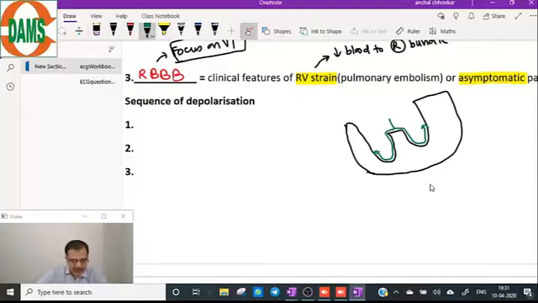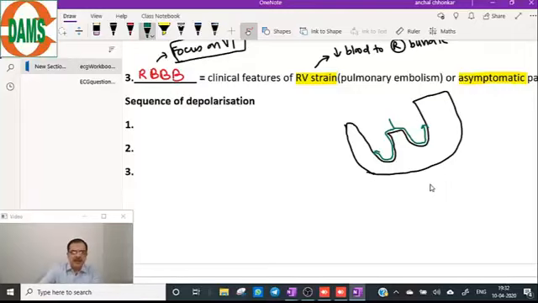How does RV strain lead to right bundle branch block? RV strain leads to ischemia. There is an increased demand of the right ventricle. If you know the pathology, angina develops because of either increased workload of the ventricles or decreased blood flow. So because of that increased workload of the right ventricle, blood supply is reduced, leading to right bundle branch block. Blood supply to those bundles will be reduced. So this will lead to the right bundle branch block.